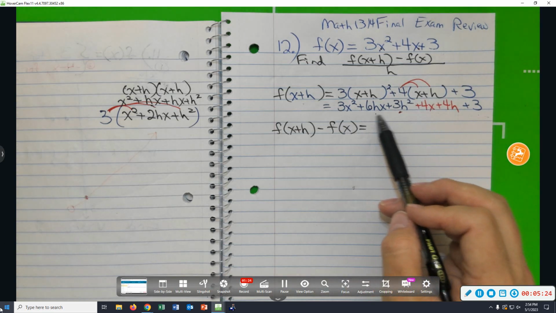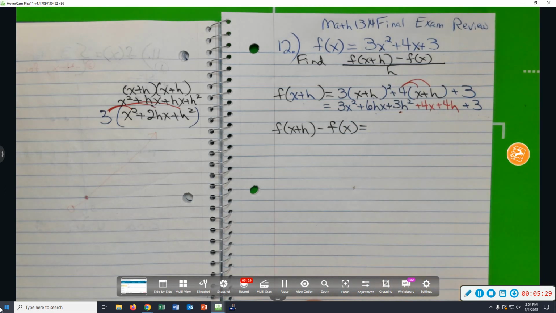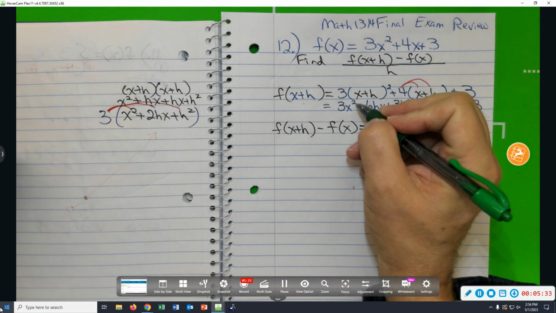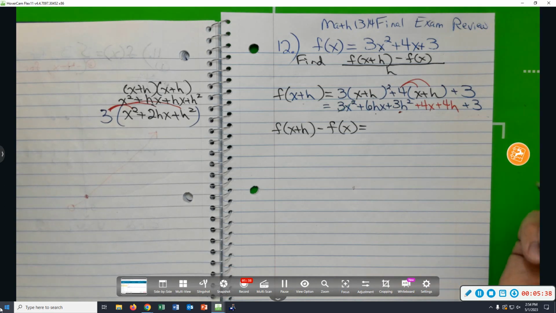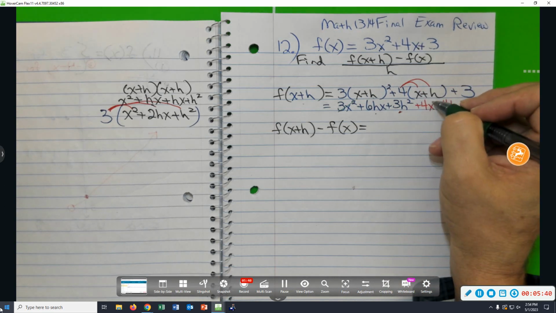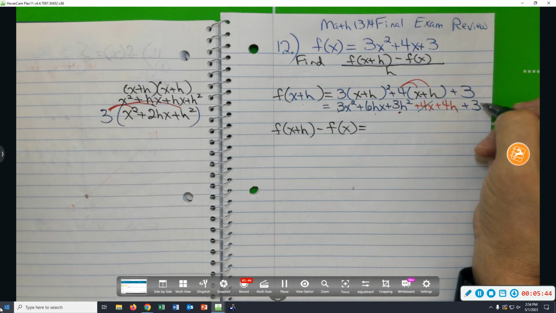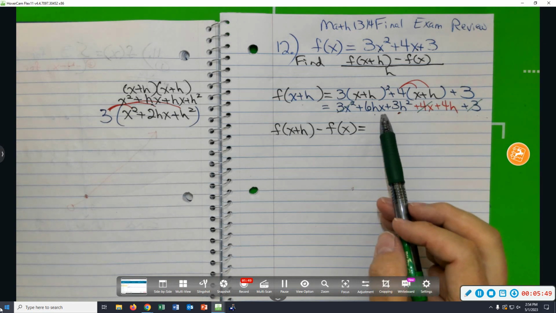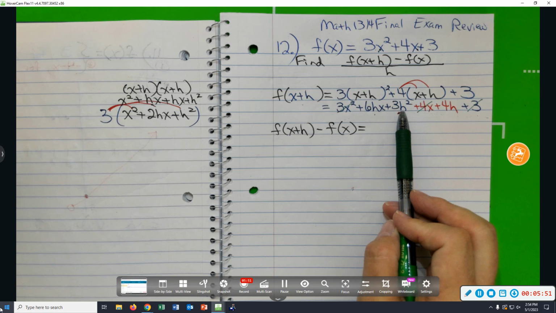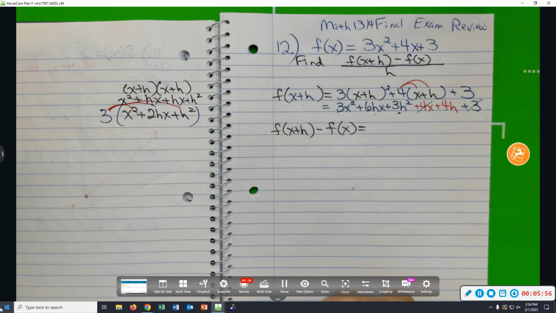You take what we just found and take away the original terms. Which terms are about to drop off? The 3x squared minus 3x squared, I agree. What else? 4x minus 4x. Anything else? The last 3 minus 3. Here's a hint. The only terms that remain should be containing the letter h. Anything that doesn't have an h should subtract off at that point.